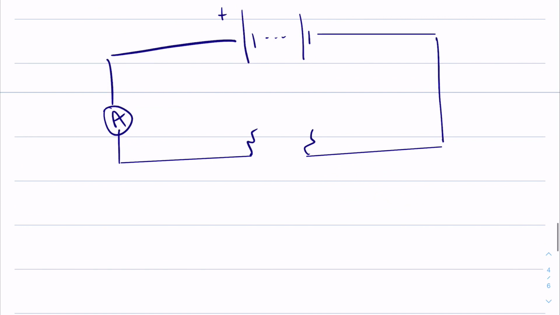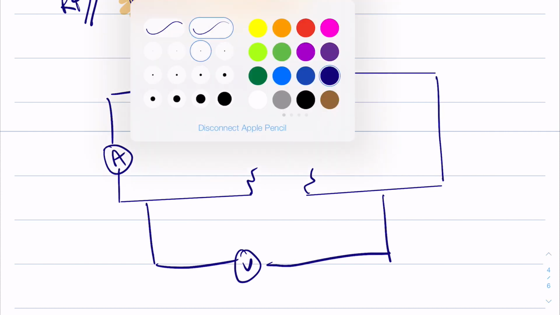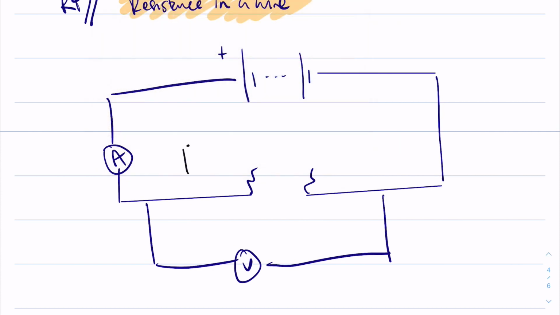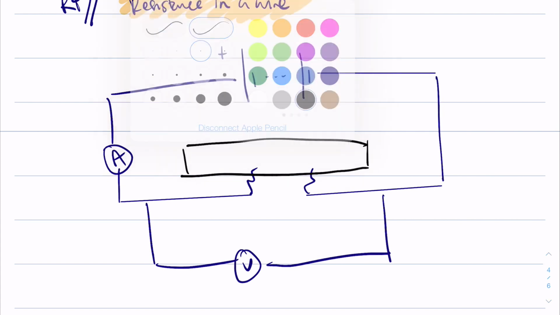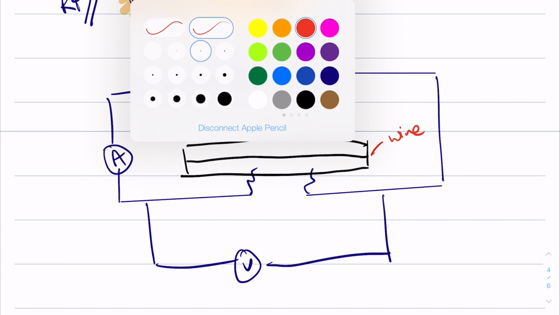And then I'm going to have my voltmeter like this. So I've got current being measured in series, of course, voltage being measured in parallel, and in the middle here I'm going to draw in a ruler with a wire on it. And let's just label this wire. Here's my ruler.